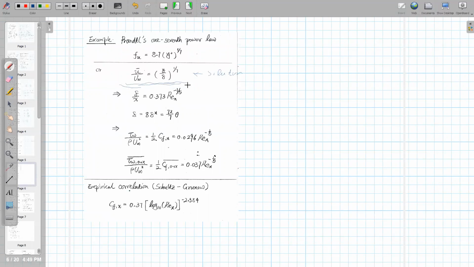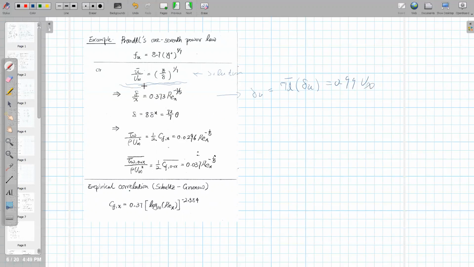first you can calculate the boundary layer thickness delta. The boundary layer thickness delta can be computed by assuming that the mean velocity u at delta equals 0.99 u infinity.